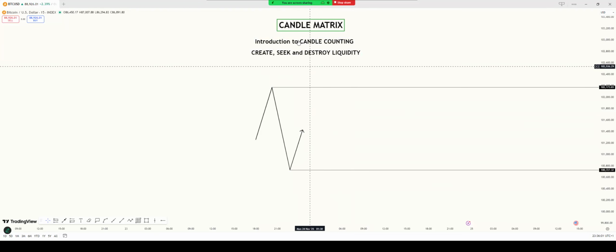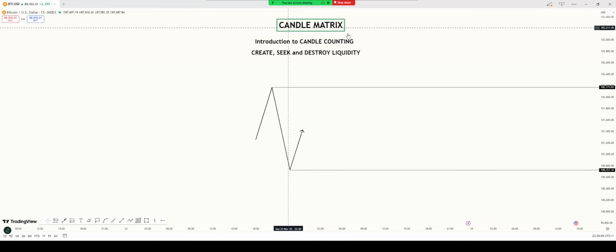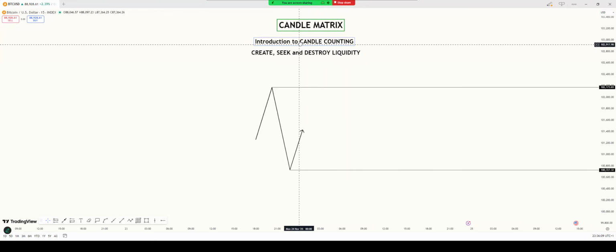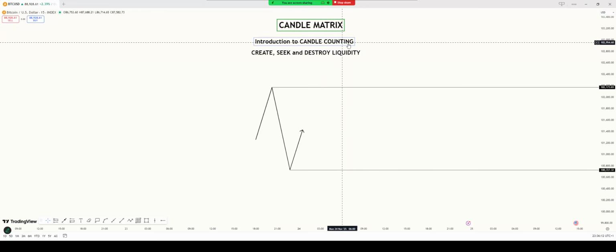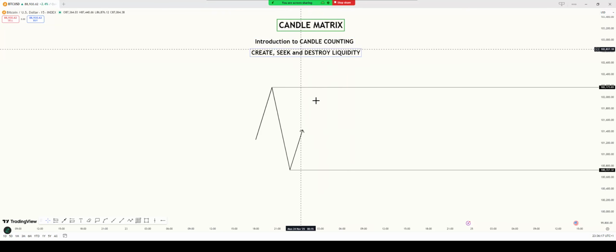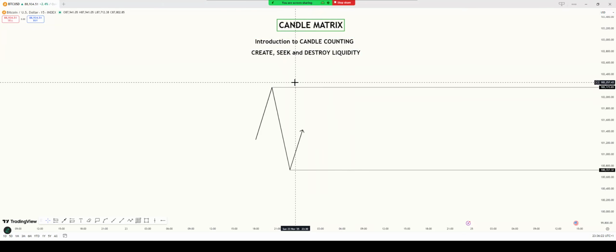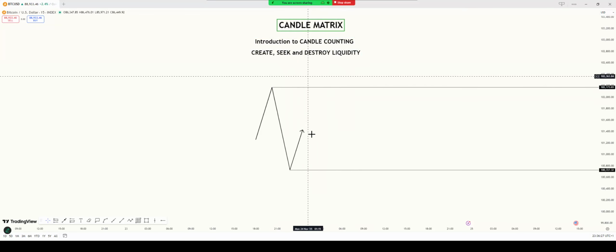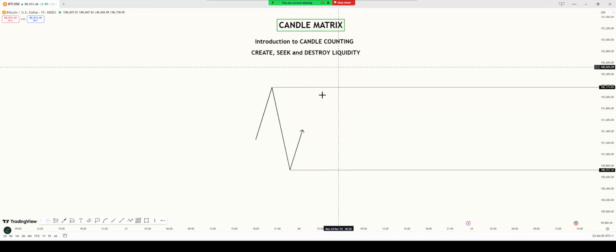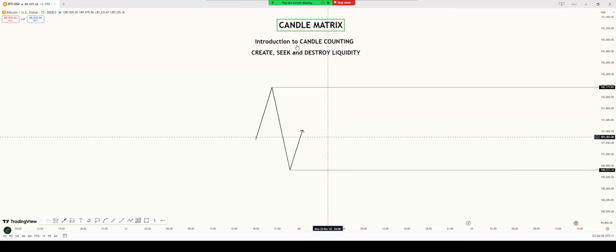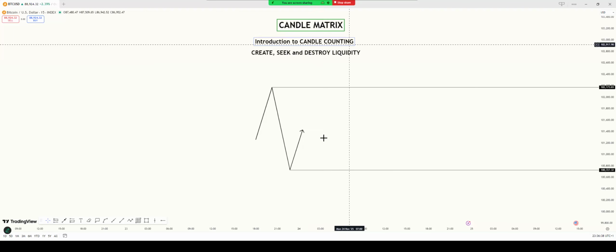Now, this is an aspect of candle matrix, so don't get me wrong. Candle counting is not the concept. The concept is candle matrix. Candle counting is just a way to identify bias, to identify liquidity, and to also know the current cycle of the market. In the coming classes, I am going to explain market cycles and the rules behind them. So for now, I am introducing candle counting to the world.